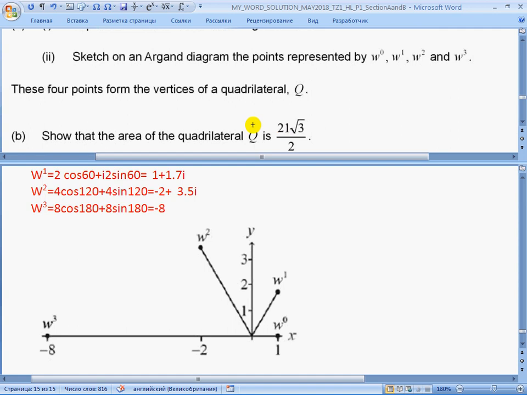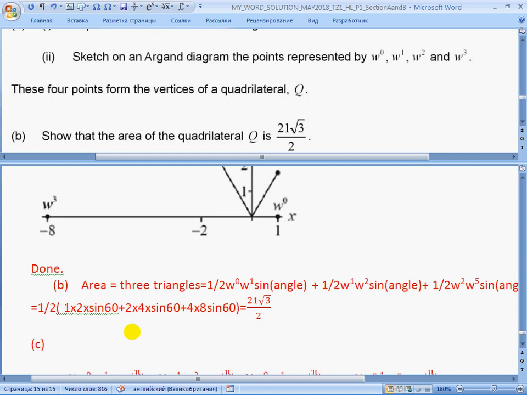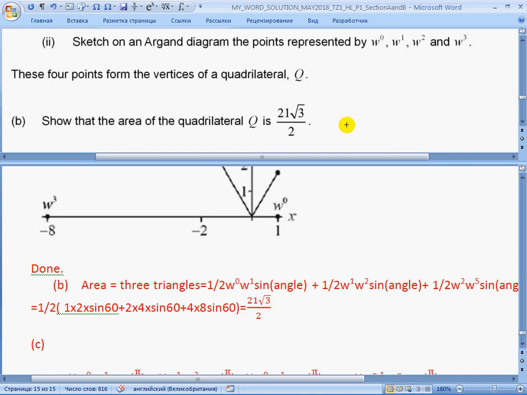The 4 points form a quadrilateral. Find the area of the quadrilateral and show that it is like this. If we draw the quadrilateral, it consists of triangles. To find the area of each triangle, we need the moduli of these triangles, halved, multiplied by sine of 60 everywhere. So we add, multiply, and we get this value.